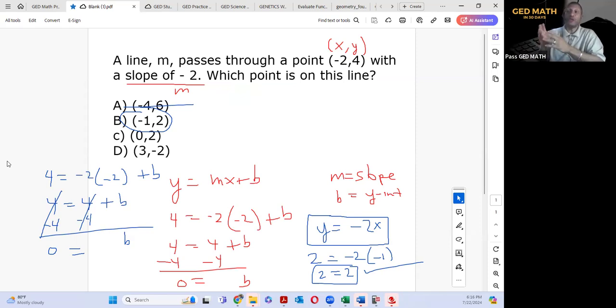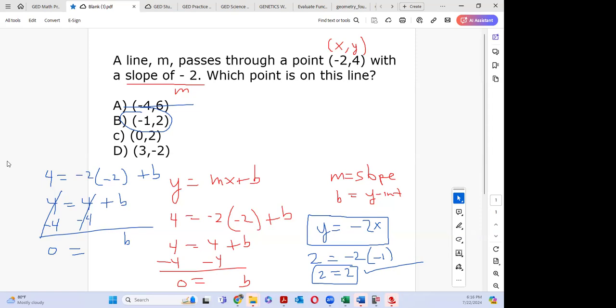But if they do, you're going to want to go through the same process. What are they giving me? They gave me a point and the slope. The point gives me X and Y, and the slope is -2. Now that I have X and Y and my slope, I can use that information to find my equation of the line, which is Y equal -2X.